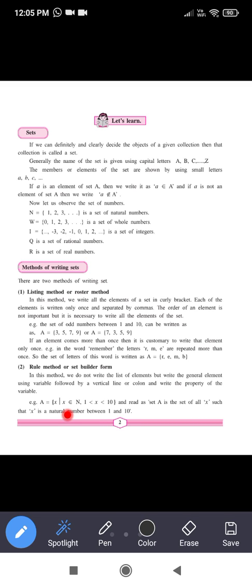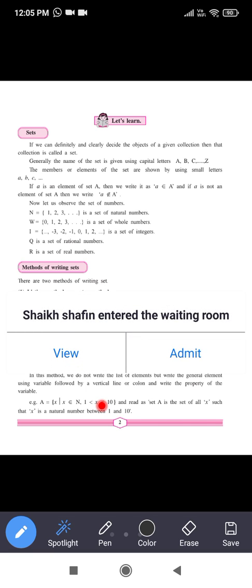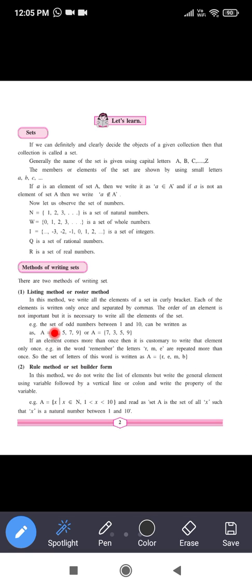So x is an element of N, or you can say x belongs to N. Capital N is for natural numbers, and x is greater than 1 and less than 10, because x is in between 1 and 10. Where is the variable x placed? Between 1 and 10, meaning x is greater than 1, so 2 will come, and x is less than 10, so the numbers less than 10 will come. Now this is the same as the set A.